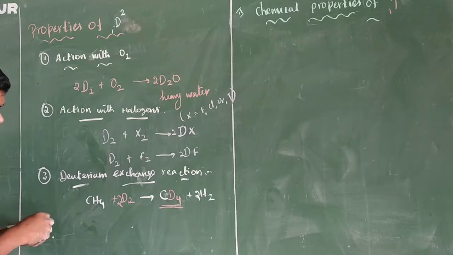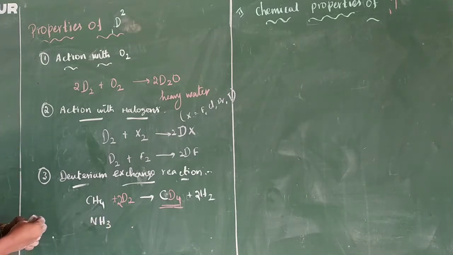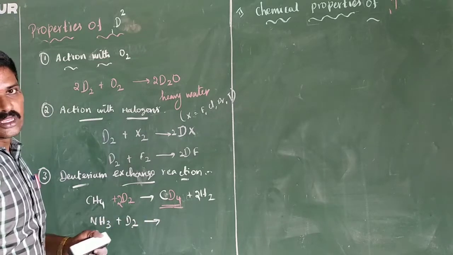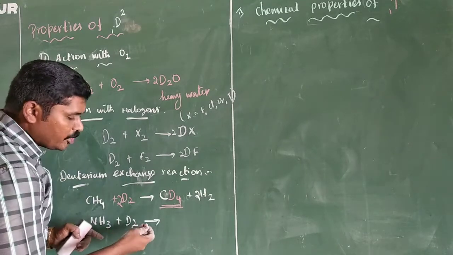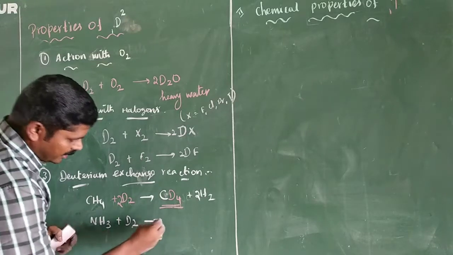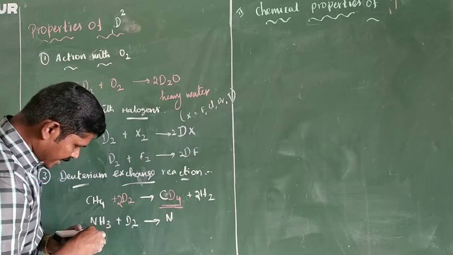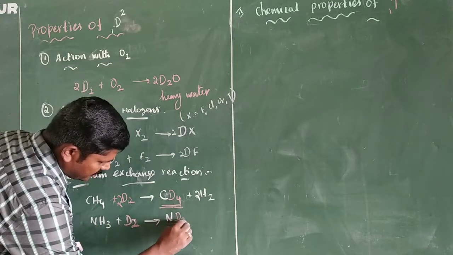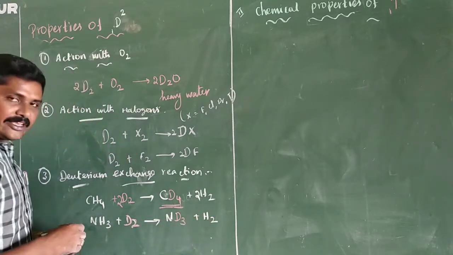And the next one is ammonia, NH3. Ammonia reacts with deuterium to give the deuterated ammonia ND3 and liberate hydrogen H2.